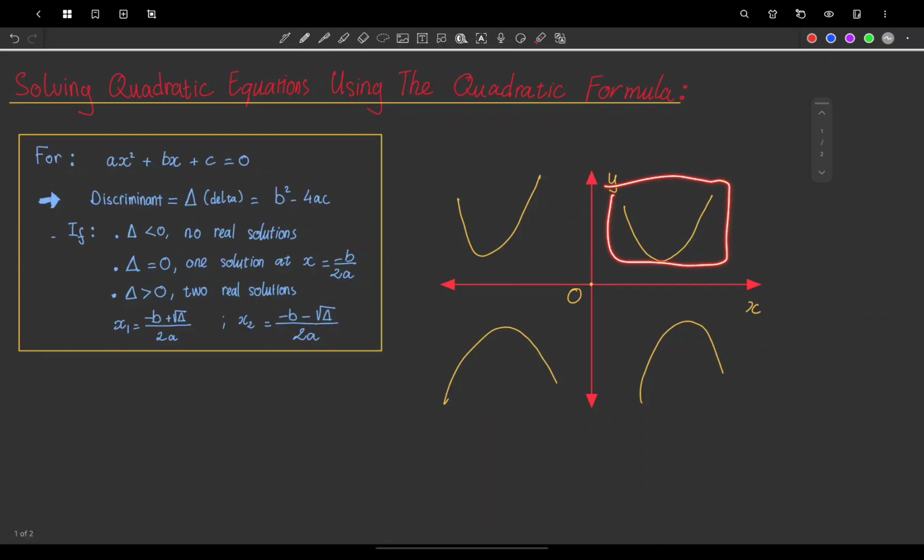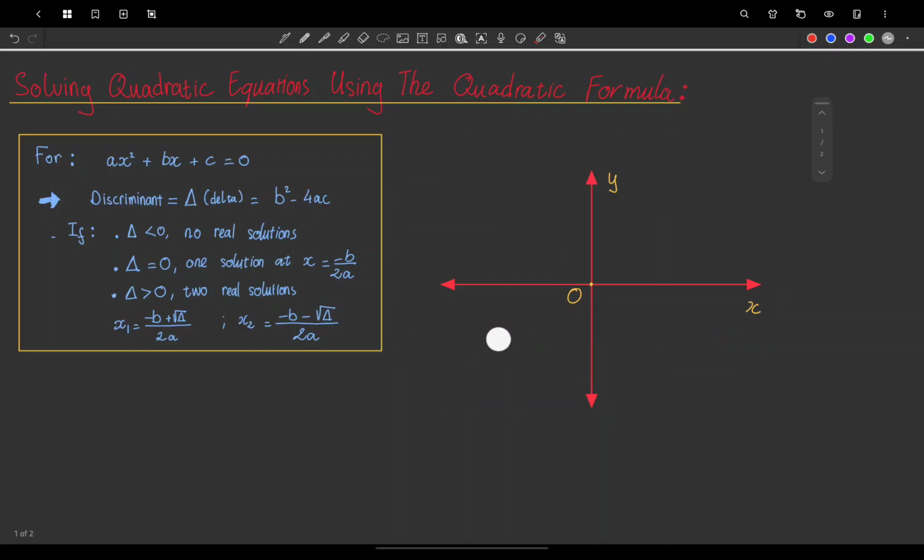Even if you sketch the parabola outward and make it very big, there's no x-intercept whatsoever between the graph and the x-axis, same as these other three parabolas. So when the discriminant is less than 0, there are no x-intercepts, which is why we say there are no real x solutions.